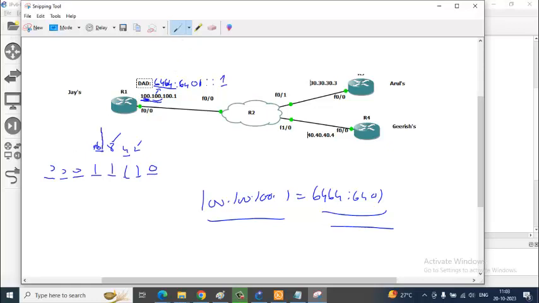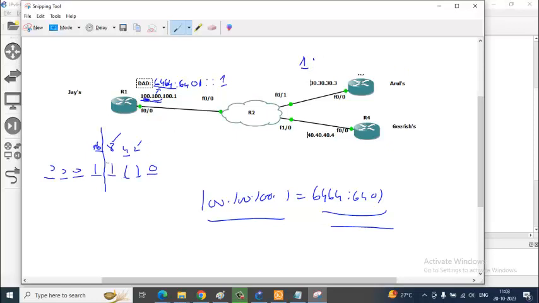Yes, sir. I was actually calculating. Okay, when you cut this into two halves, it will become 1 and 14.